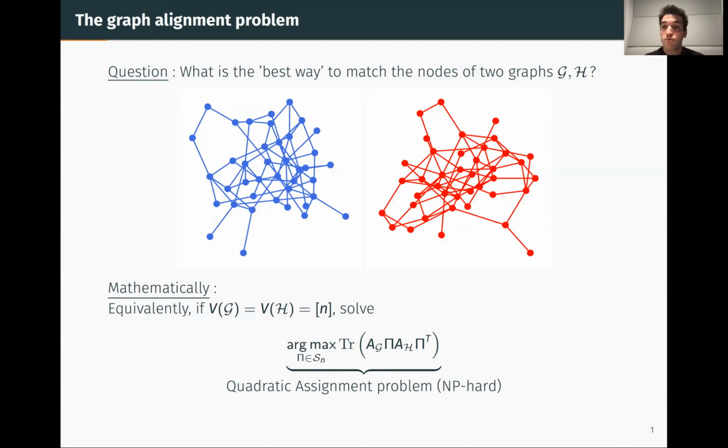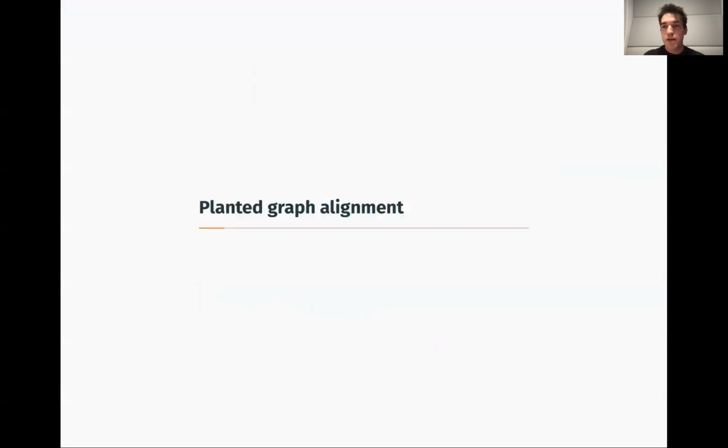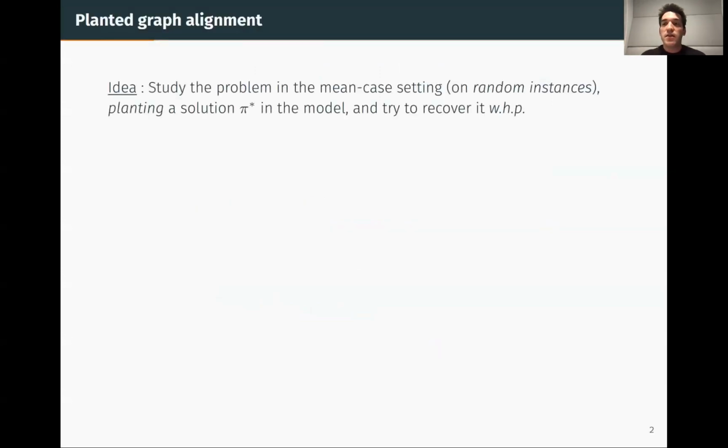Okay, so to go beyond this difficulty, what people do in general in the CS literature or in the probability literature is that they consider another related version of this problem, which is the planted version of graph alignment here. So what is the planted version of this problem? So the idea here is to study the problem in the mean case setting, so not in the worst case setting anymore. And doing that, we are actually looking at graphs that are drawn under some random model.